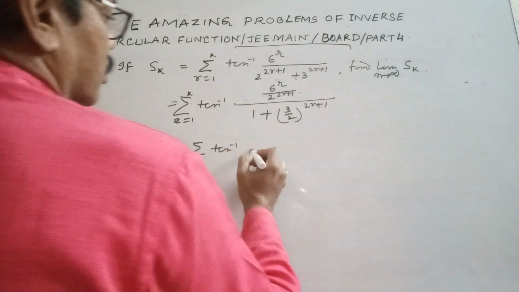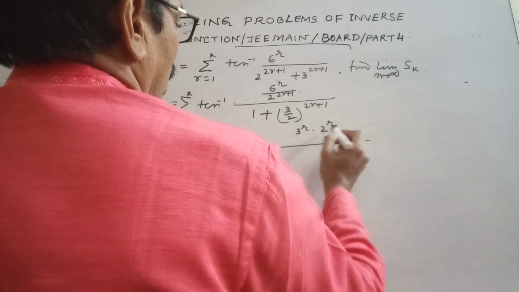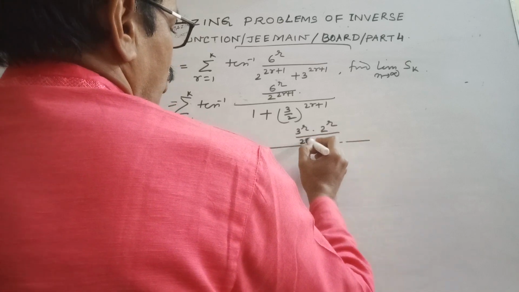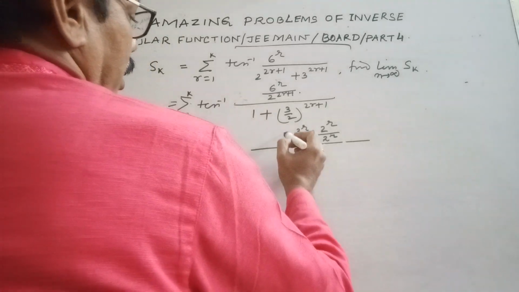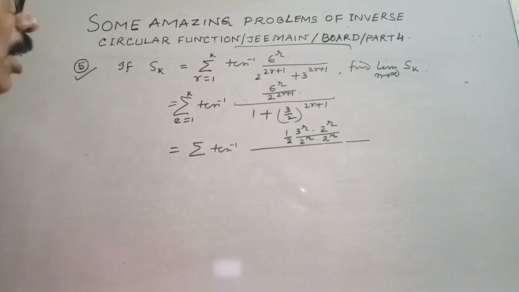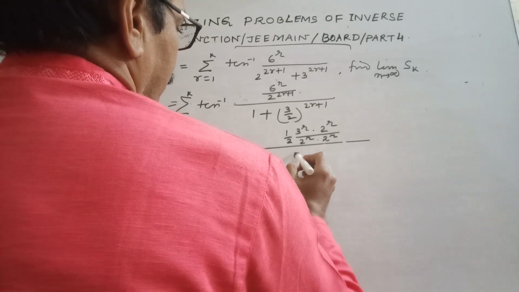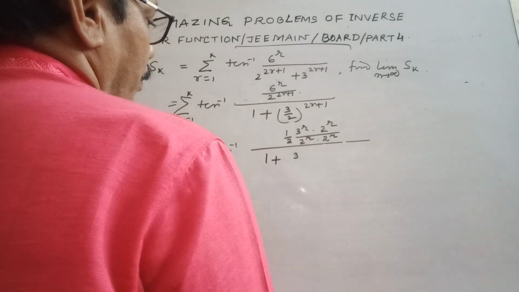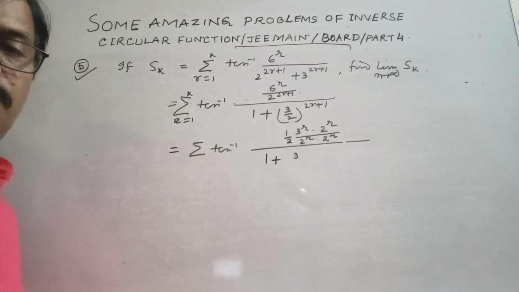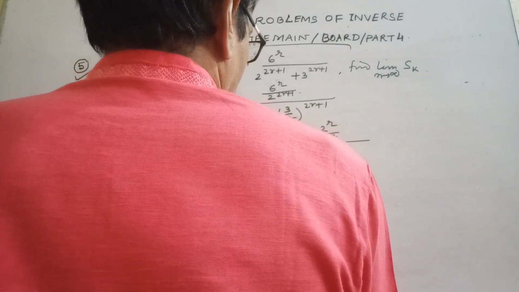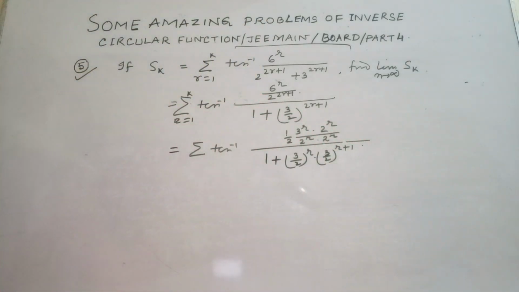Now tan inverse. So this is 3 to the power r into 2 to the power r by 2 to the power r into 2 to the power r, and here it is half, and this is 1 plus (3 by 2) whole to the power r, (3 by 2) whole to the power r plus 1.